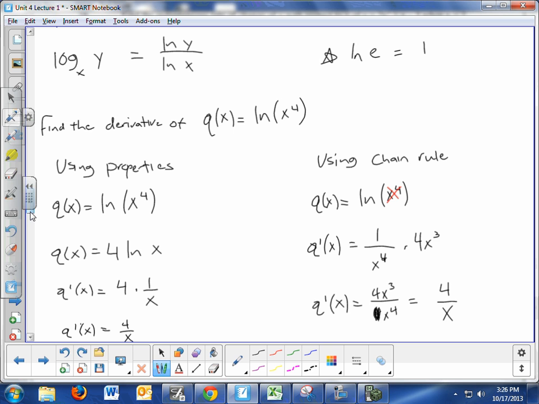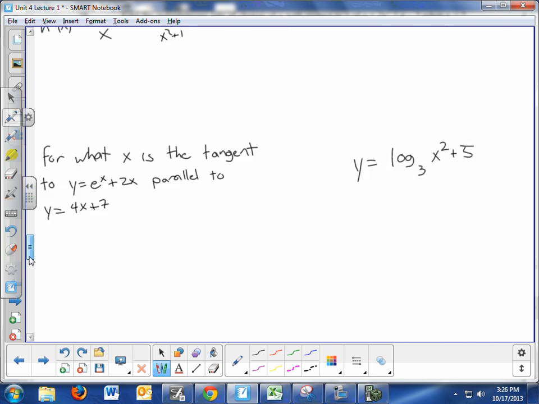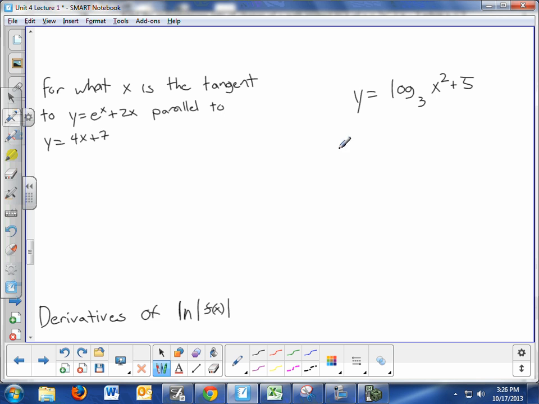Because when we deal with logarithms with different bases besides base e, like this, we are going to want to rewrite this as ln of x squared plus 5 divided by ln of 3. And then we'll take the derivative.